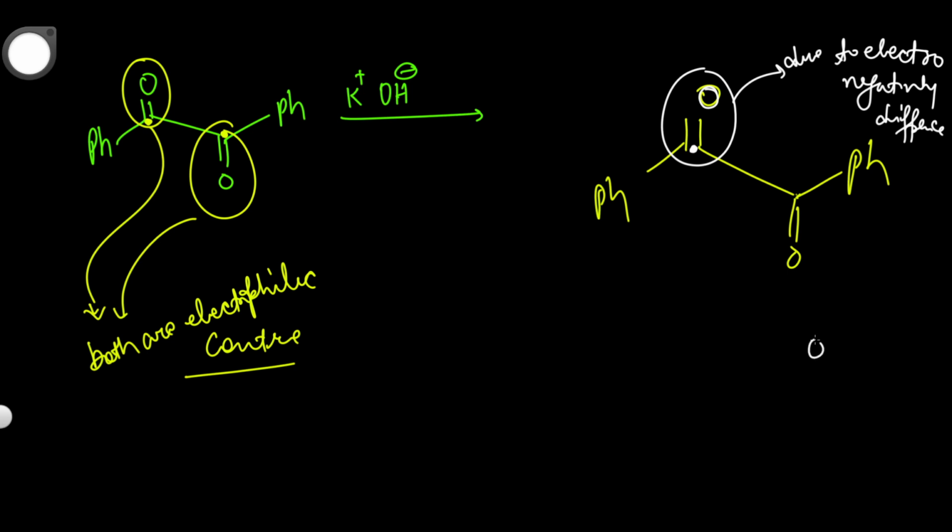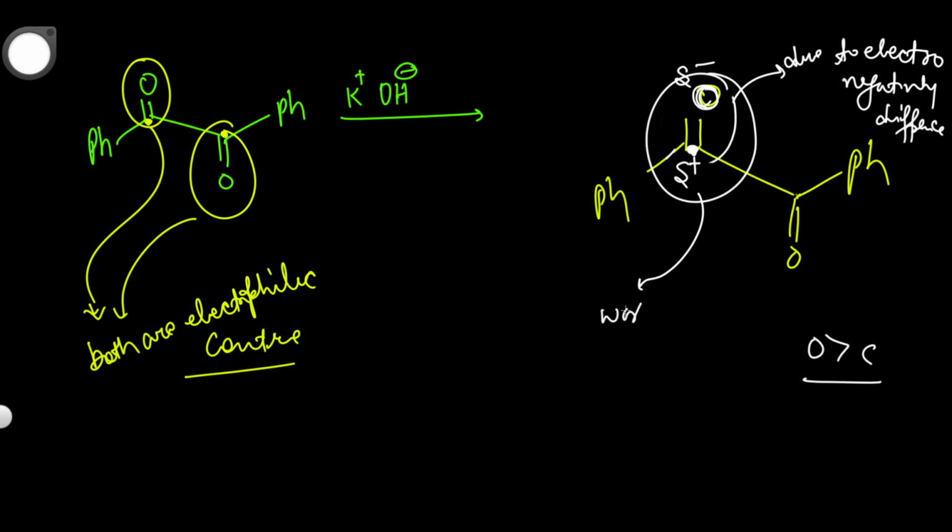Oxygen is more electronegative than carbon, and that's why on the oxygen we have a delta negative charge, and on this carbon a delta positive charge. It is polarized because of the electronegativity difference between this carbon and this oxygen, and that's why this carbonyl works as an electrophilic center.